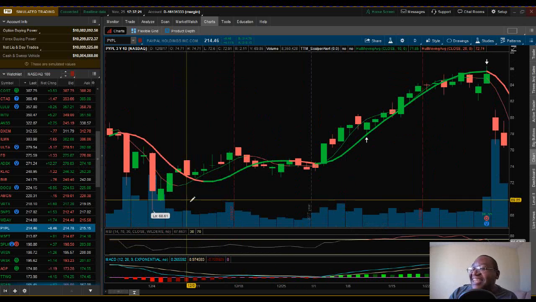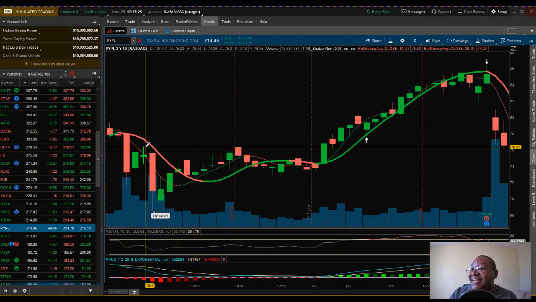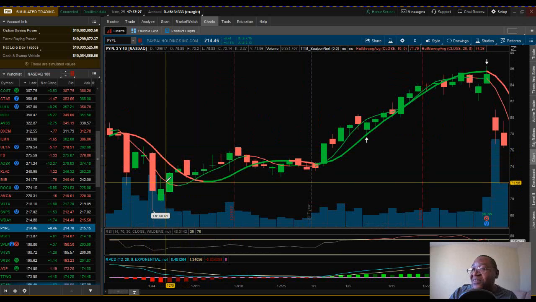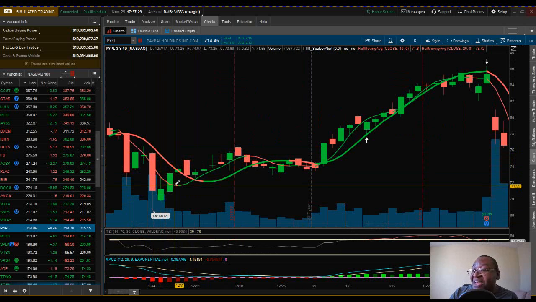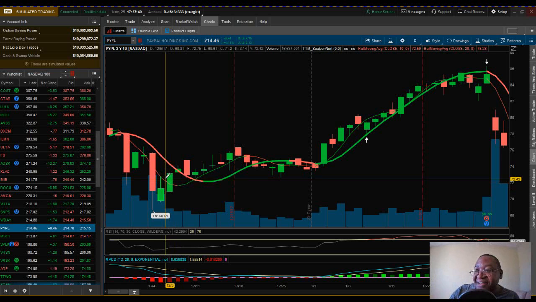Now check this out. Let's go back to the beginning here. So here is our 10, which is our faster one, right? Now here's how you play these two moving averages. Very simple. Let the 10 be your initial alert, right?